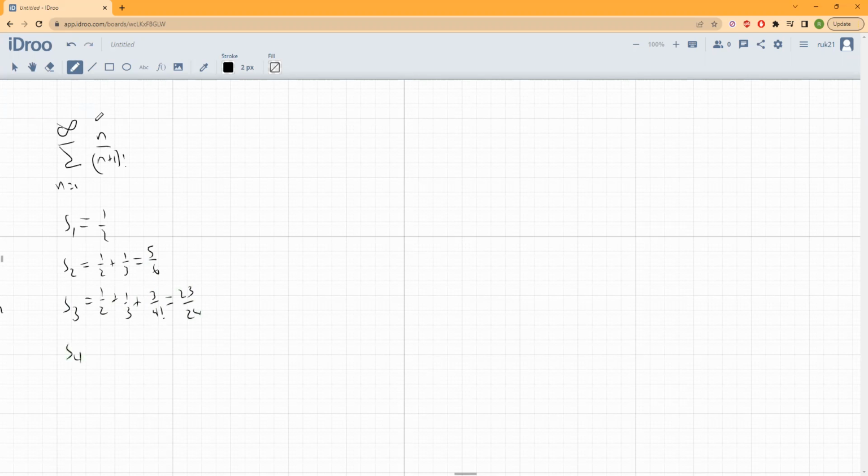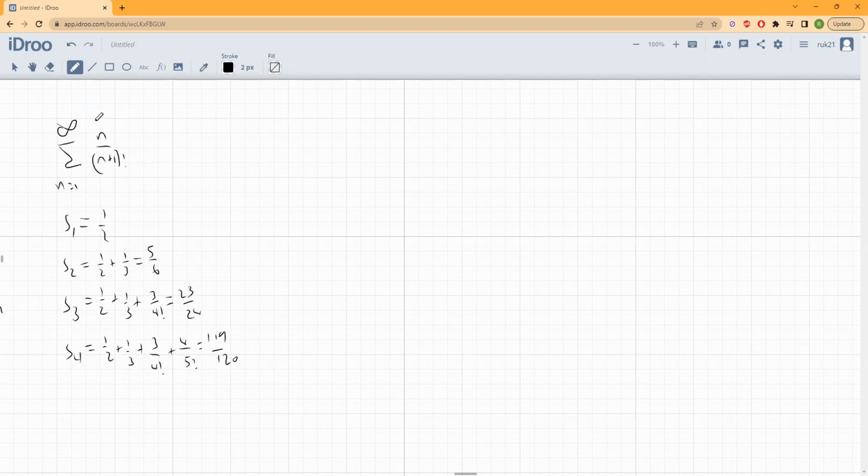S4 is equal to 1/2 plus 1/3 plus 3 over 4 factorial plus 4 over 5 factorial, which is then equal to 119 over 120. So hopefully at this point you noticed the pattern.